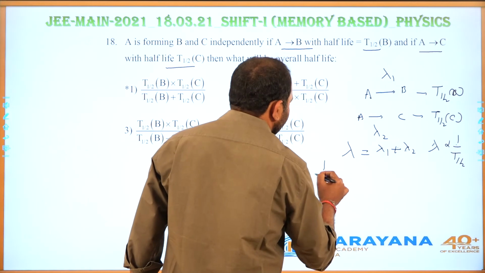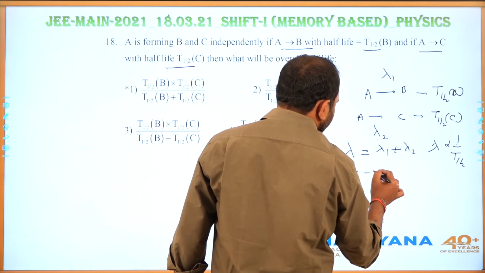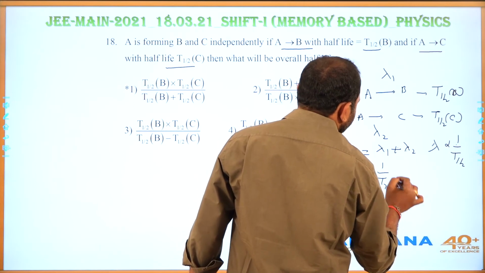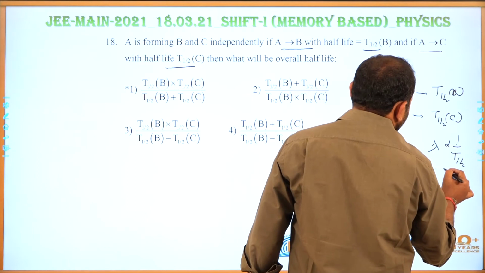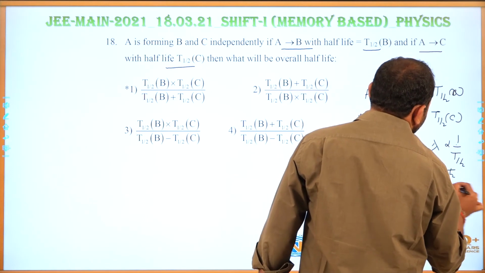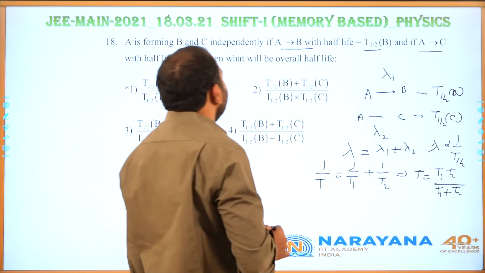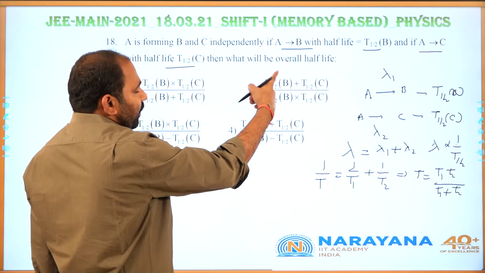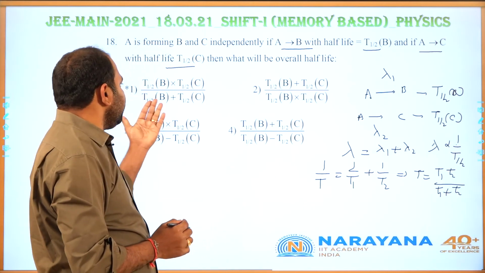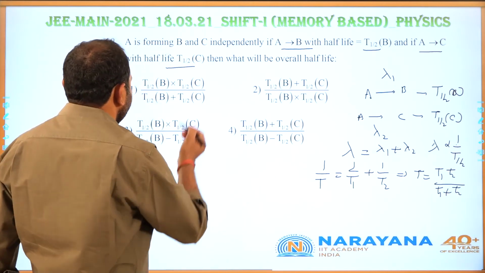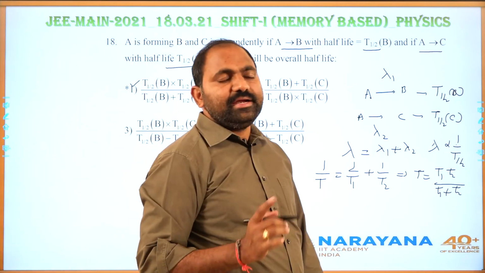So in that case 1 by T effective will be 1 by T1 plus 1 by T2, or T can be rewritten as T1 T2 by T1 plus T2. So it means T AB into T AC by T AB plus T AC. It is given with the first option. So let us go to the 19th question.